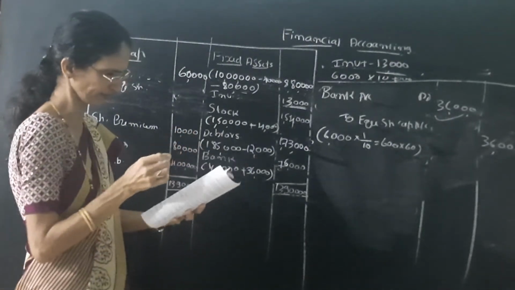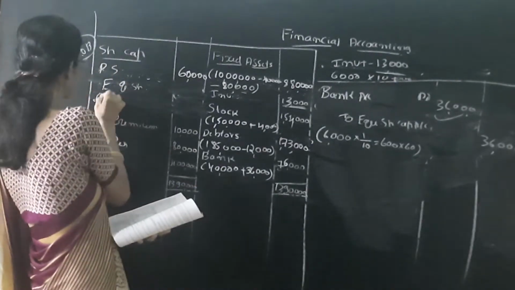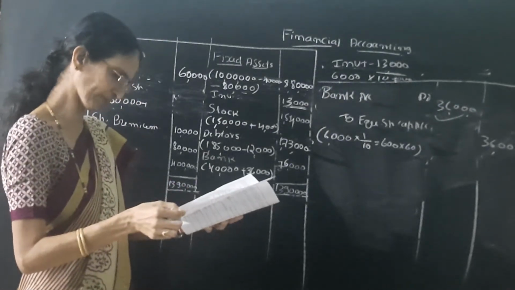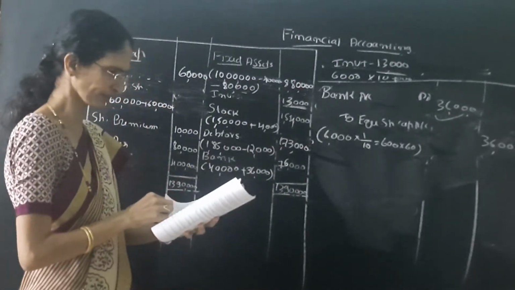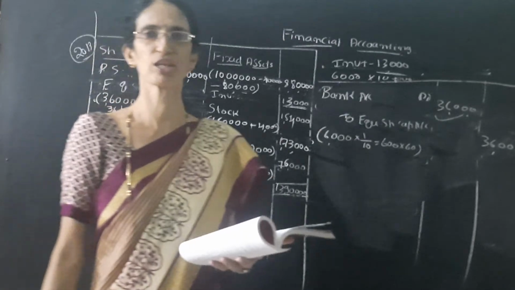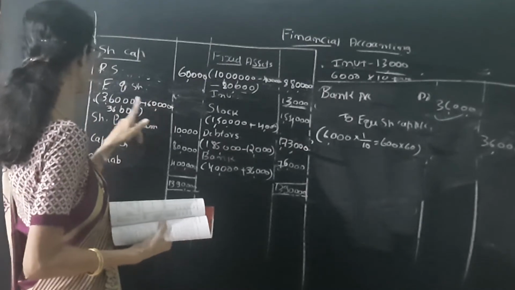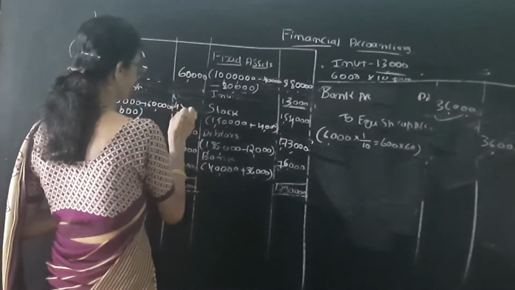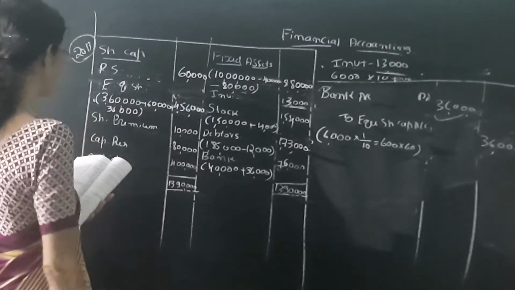Equity shares is 3,60,000. Then the first journal entry once again, equity share is 60,000, plus fresh issue is 36,000. Whichever journal entries have equity share capital, we have to keep adding them. So 3,60,000 plus 60,000 plus 36,000 we get 4,56,000. Then write share premium as it is.